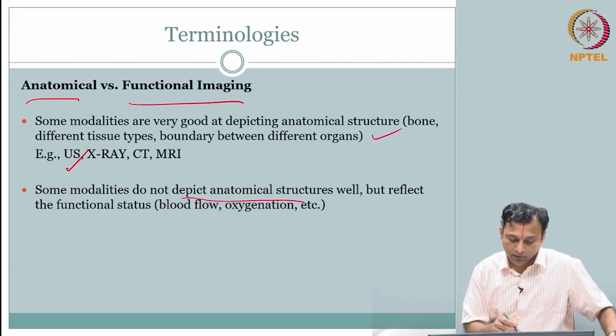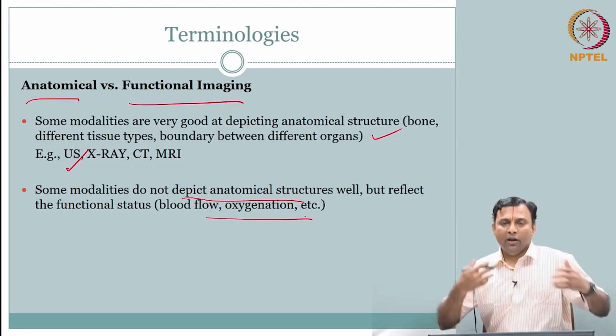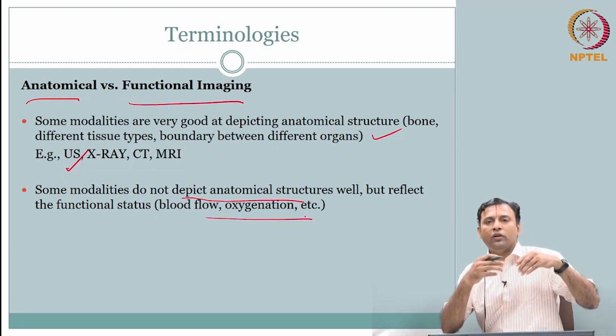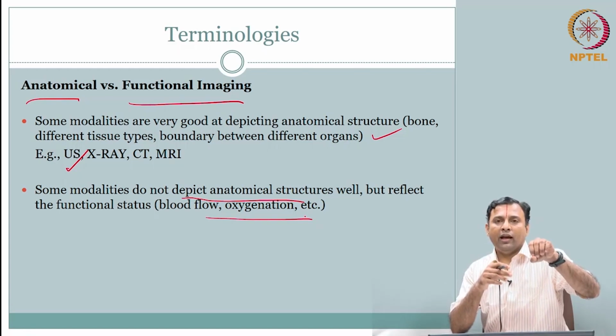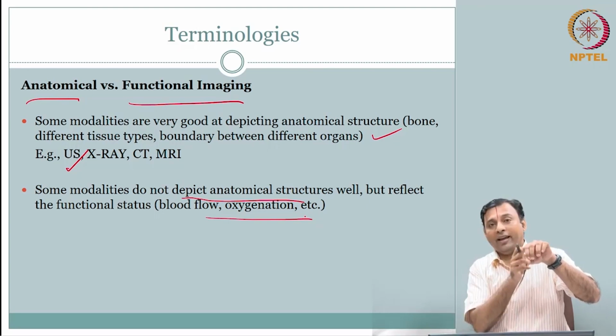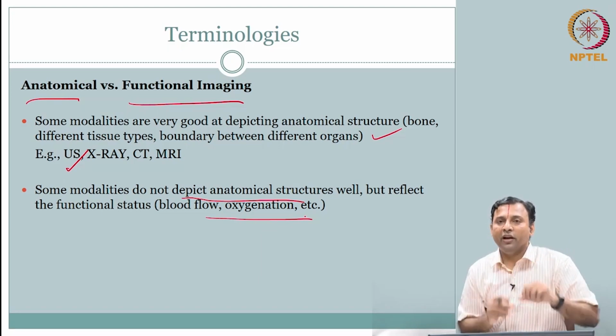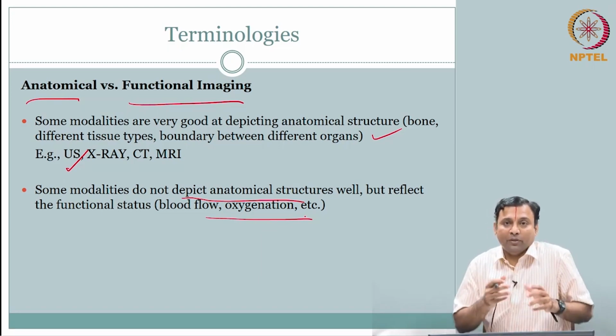For example, if you're talking about, of course, blood flowing inside the blood vessel. Okay, I may not be able to see the bone tissue, and I may not even be able to see the wall of the vessel, but I can see what the oxygen concentration in the blood is, right, the partial pressure of the blood.